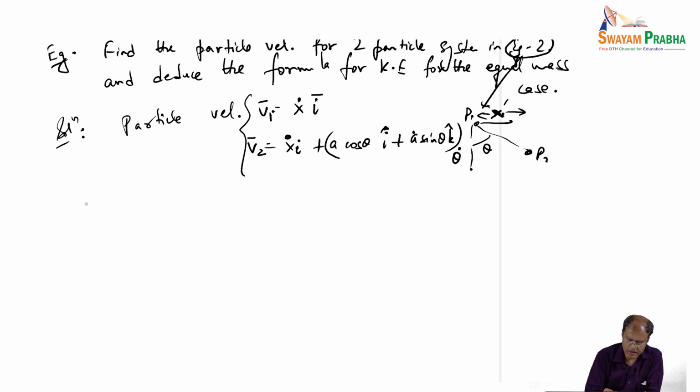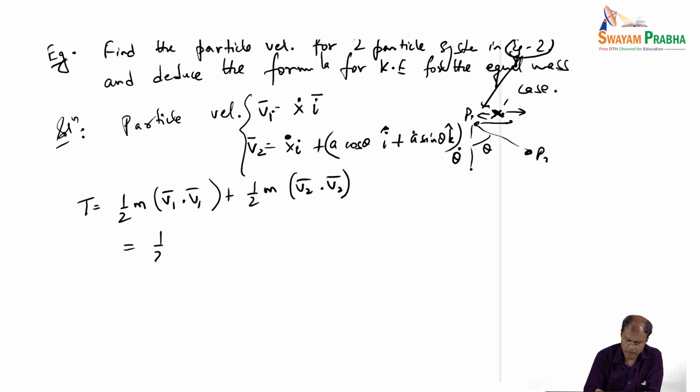So then in this case, I can write down the kinetic energy. So this is half m v1 dot v1 plus half m v2 dot v2, right? And we get that this is also equal to half m x square plus half m. We plug all these formulas here.